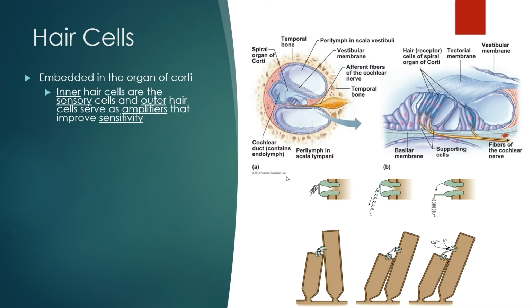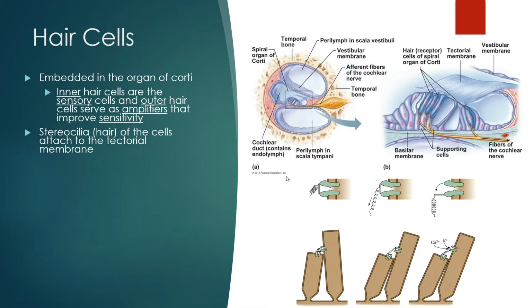The outer hair cells, as we'll see in a minute, are serving to amplify the sound, to give the inner hair cells a better idea of what that frequency is. So they improve sensitivity, also referred to as acuity, right? Our ability to distinguish sounds from one another.